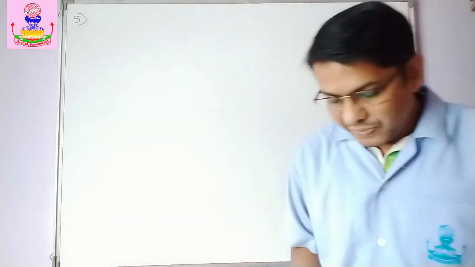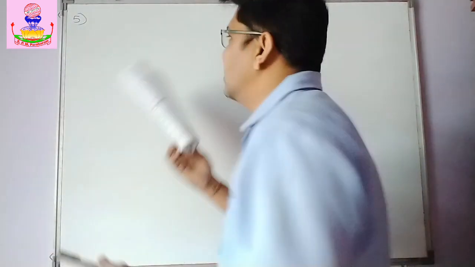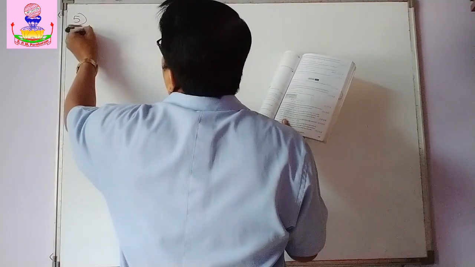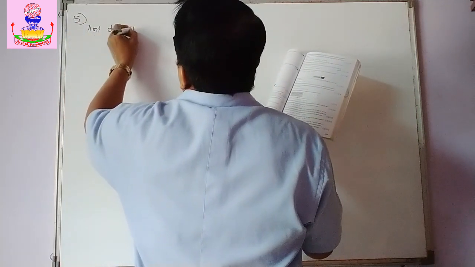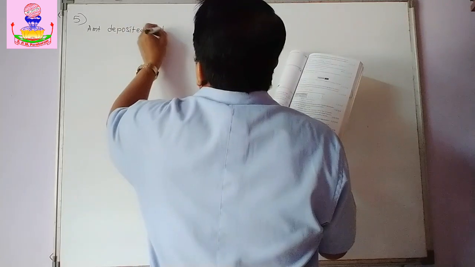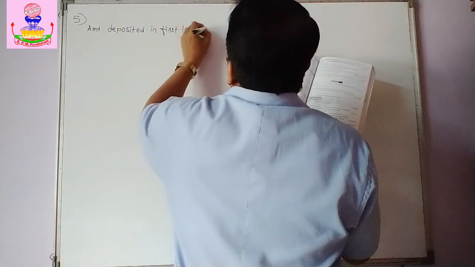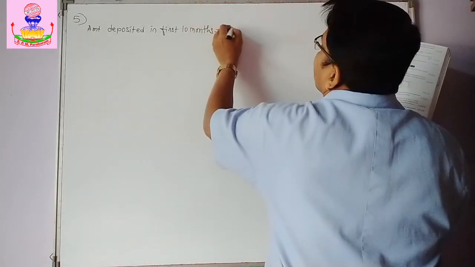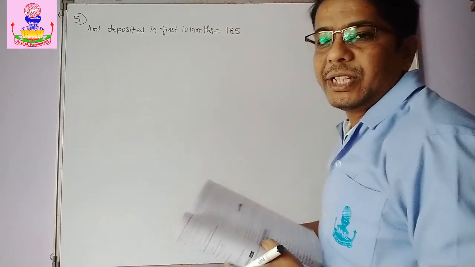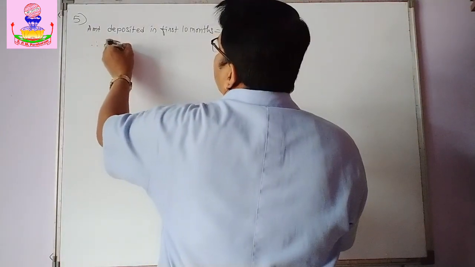Now, see, first thing, the amount deposited in the first 10 months. How much is it? Rupees 185. Okay, can I get the average? Yes, I can. So therefore, the average of the first 10 months.